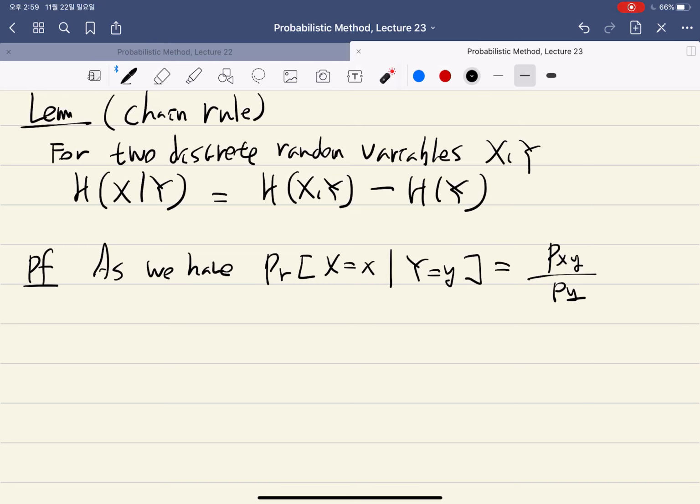So we use the same notation as before: the probability of the capital X being small x, capital Y being small y.